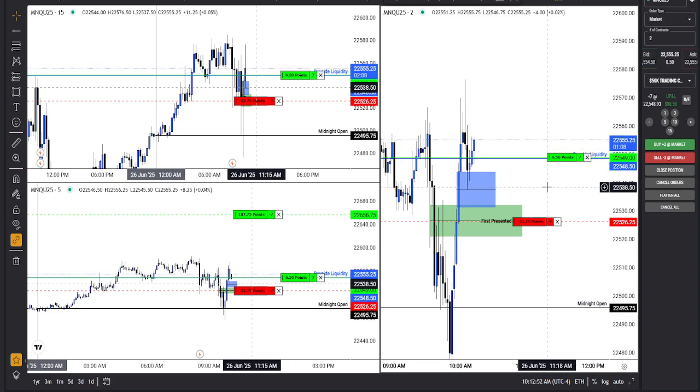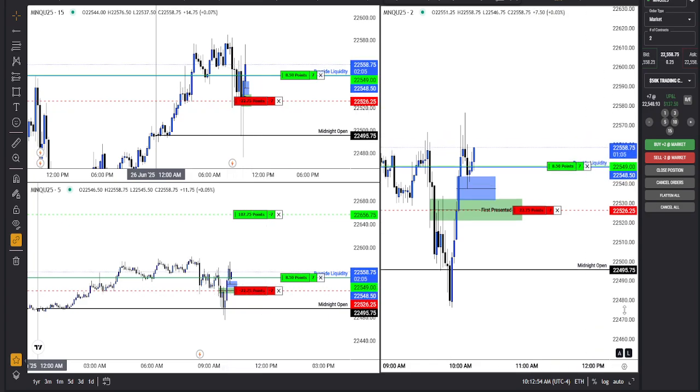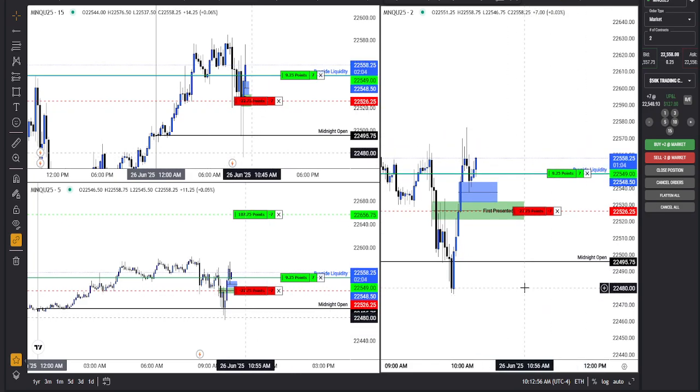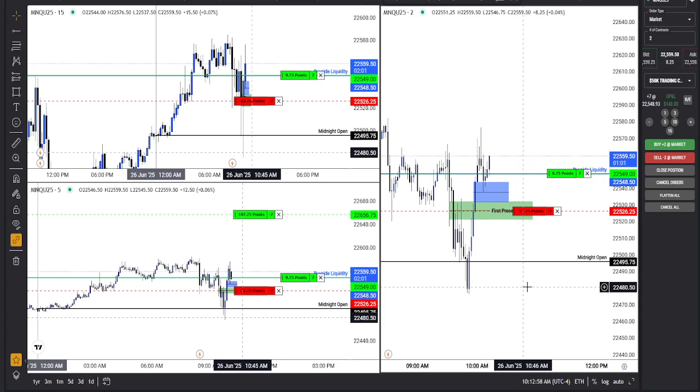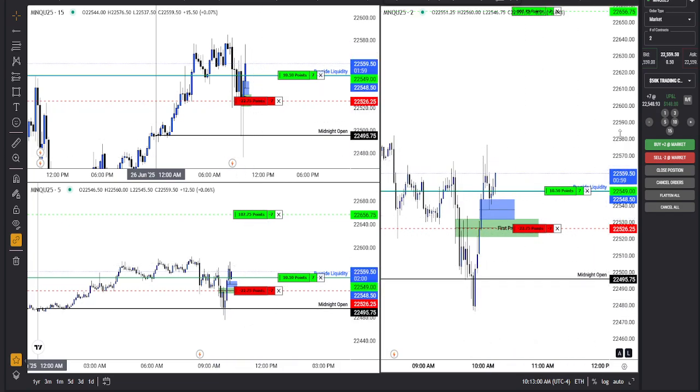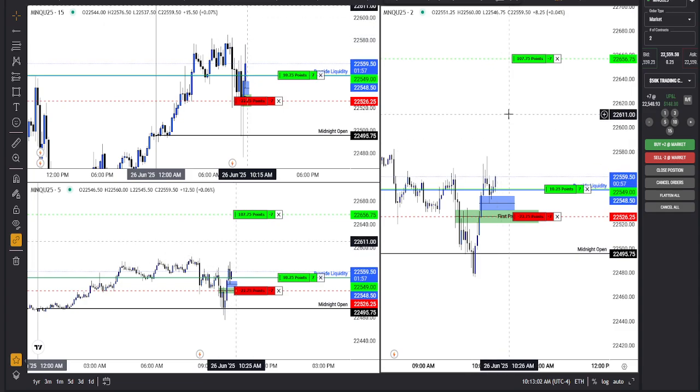You're just going to have to let price throw its hands. That's all we can do. Price action just wants to fly. Just let it fly.